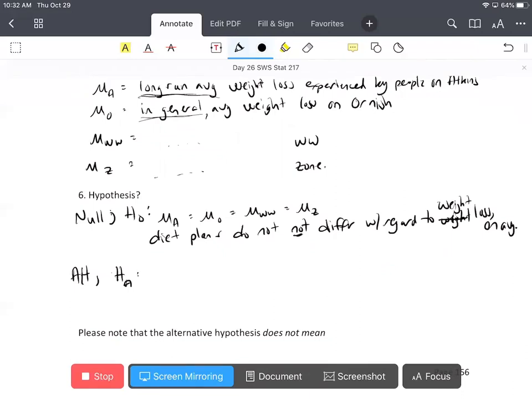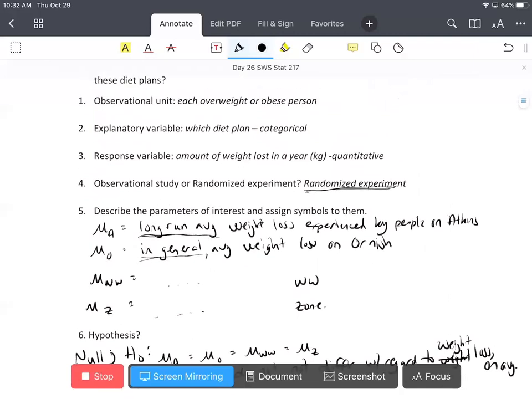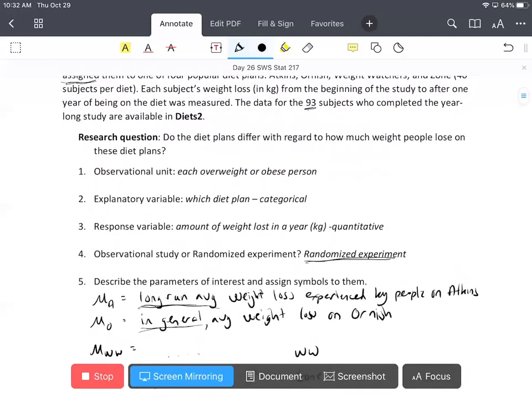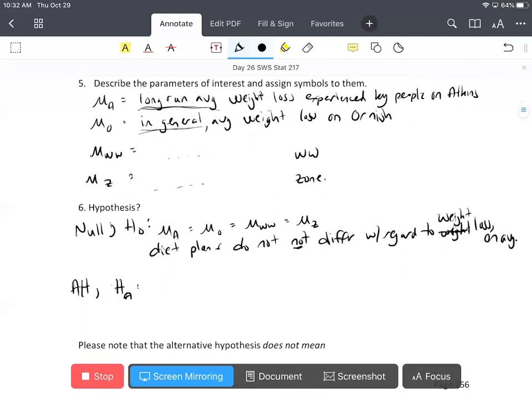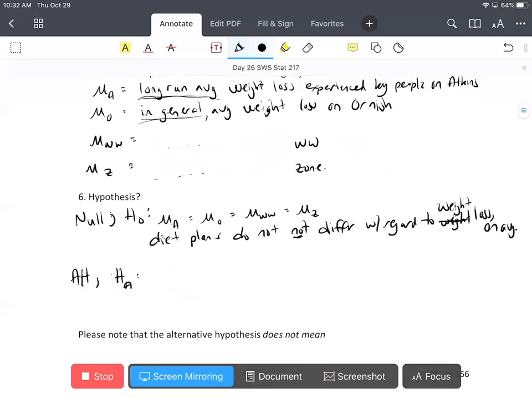This is where, going back to that research question up here, do the diet plans differ? Does that mean that every single one is different? No, all right? It's just wondering if any of them are different. So in this one, we're not going to write it in symbols.